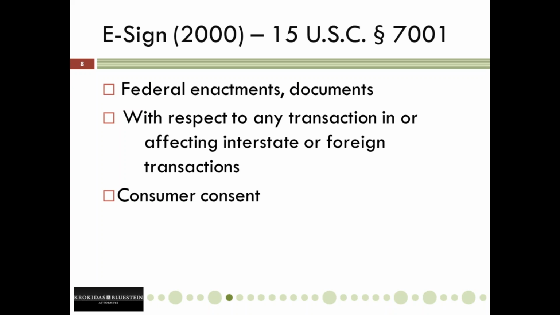It needs to be a clear and conspicuous statement informing the consumer of their right to a paper record, their right to withdraw consent and how to do so, the scope of consent, and requirements to access and record retention. Now, you're probably very familiar with these documents because it's all the fine print that you receive in all those bank advertisements or statements you get from a financial advisor. So that is a key difference.